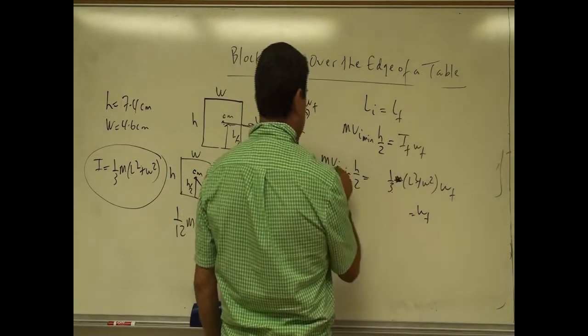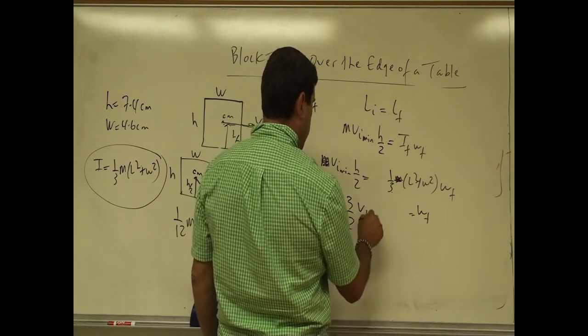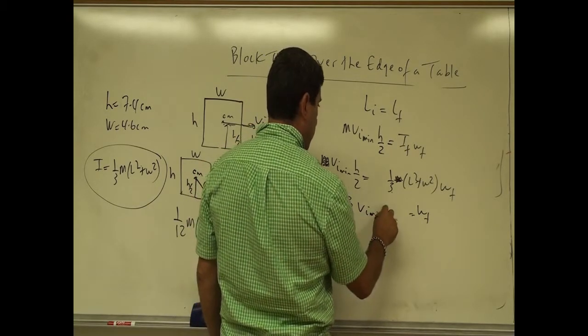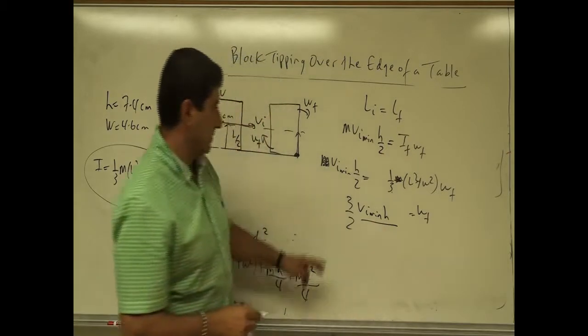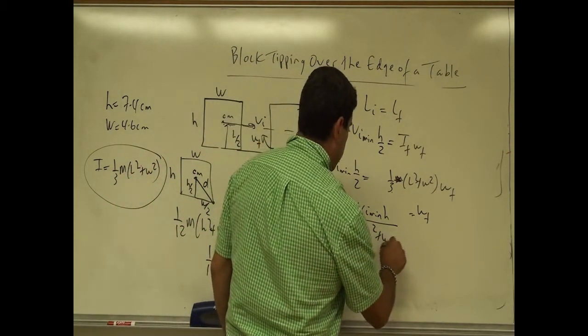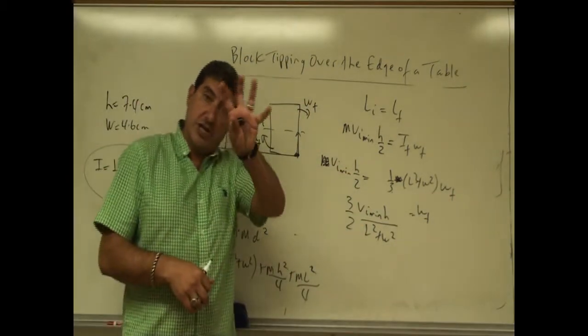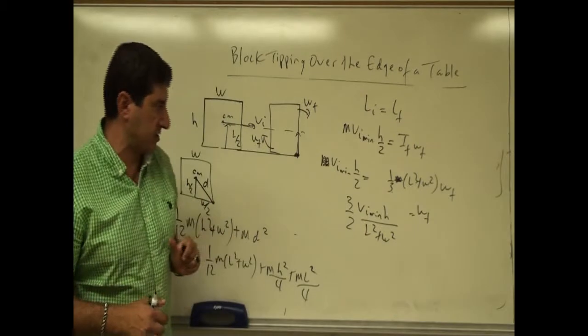The M cancels, the M cancels, so the 3 goes over there, 3 over 2 V initial times H over L squared plus W squared. Okay, that's equal to the omega final of the rotating block right after it hits the obstacle, right?